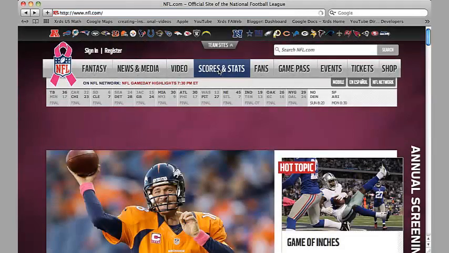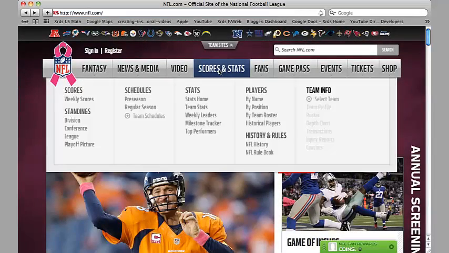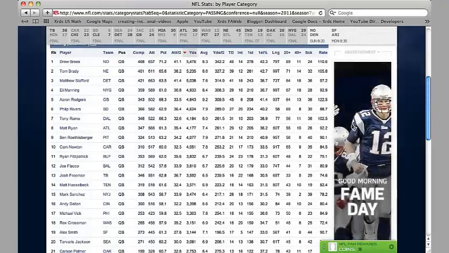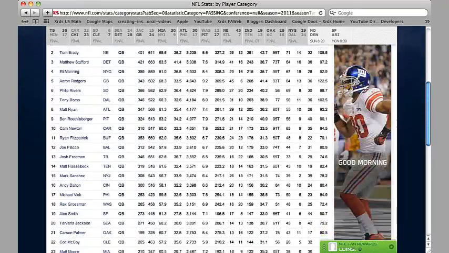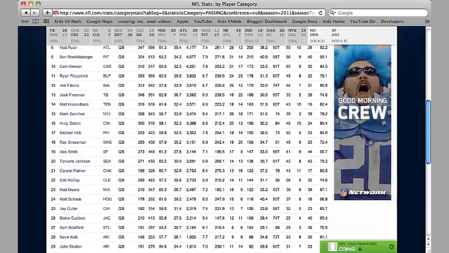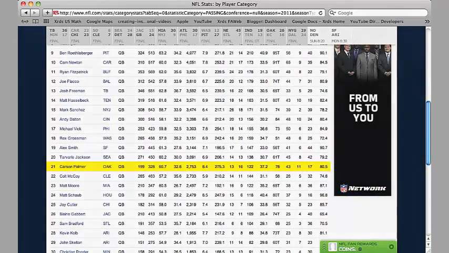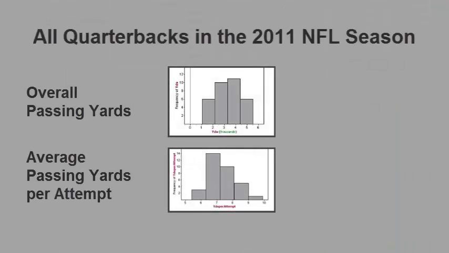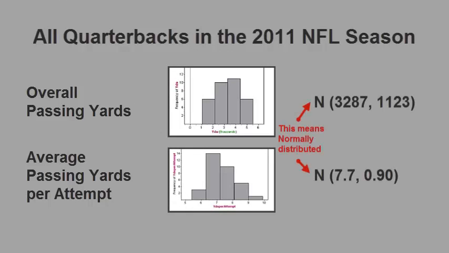NFL.com provides a wealth of data, including the passing yards and the averages for all quarterbacks in the 2011 season. And if we look at this data more closely, we can see that the passing yards data and the average passing yards per attempt data are normally distributed.